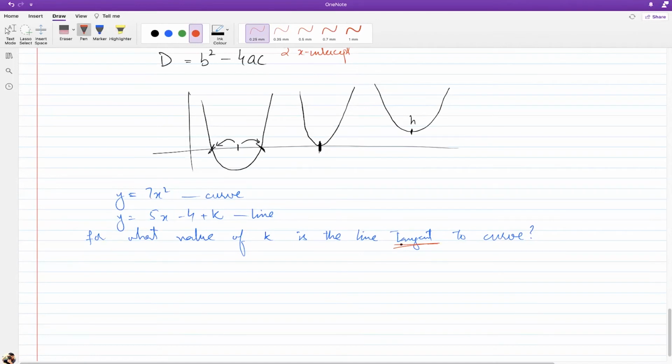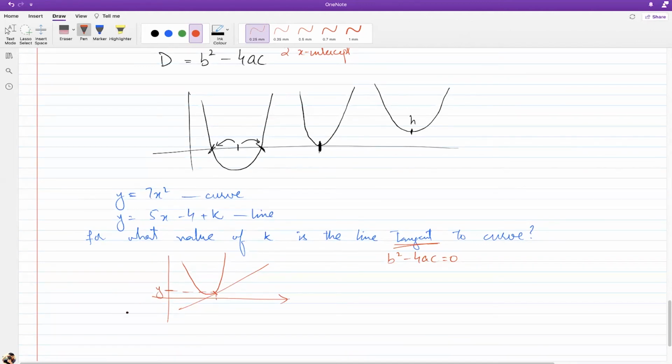That implies that b square minus 4ac is equal to 0. But वो आएगा कहाँ से? We need an equation. We know that when they intersect or when they're tangent, तो एक line है, एक curve है. If they're tangent, तो वहां पर क्या हो रहा है? X की value और y की value same है, right?